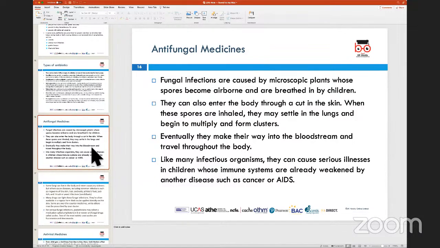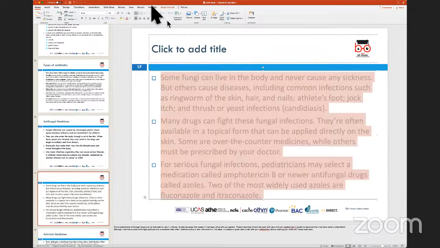For example, fungi multiply by creating what are called spores. When we look at pollen and the allergies that we get sometimes during the summer months, those would essentially be parasites which we inhale into the body, and then they go into the bloodstream. So in those cases, we will look at antifungal medication.